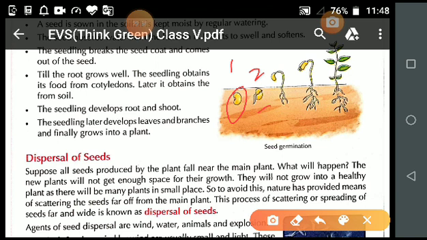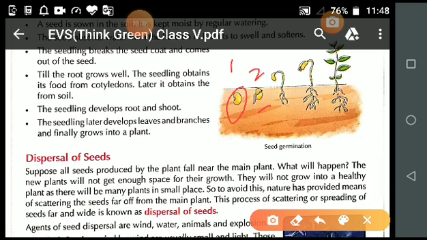Now student, you are seeing in this picture, the first sign of growth is a tiny root which comes out of the seed. So the first sign of growth, see the part which is shown in the picture, that is the root part. This is the first part which comes out from the seed. When I explained, the plant is divided into two parts, shoot and root. Root is below the ground and shoot is above the ground.